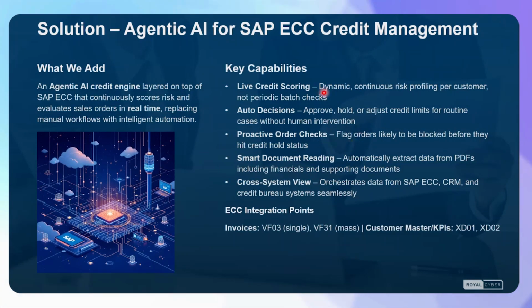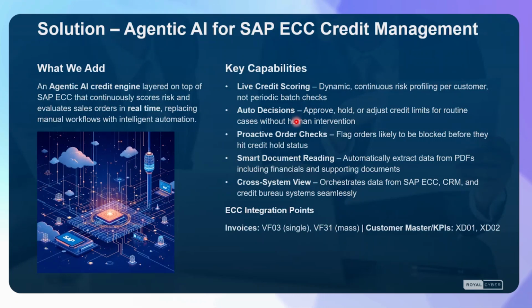So what solution are we proposing? We are proposing agentic AI for SAP ECC credit management. And the key capabilities we are enabling using this automation are live credit scoring, which is dynamic and continuously checking customer risk profiles, and we are doing the periodic check on top of this.